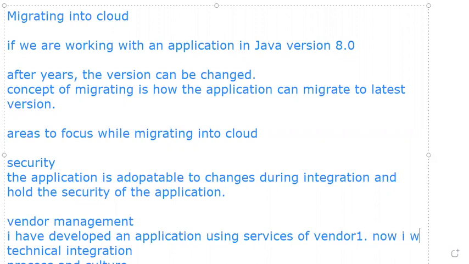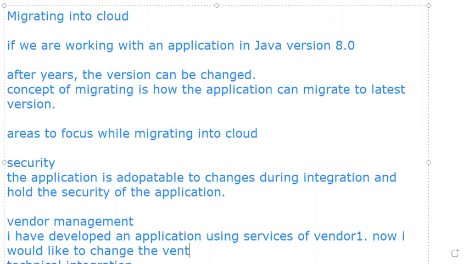Now I would like to change the vendor from vendor one to vendor two, as I need more technologies.